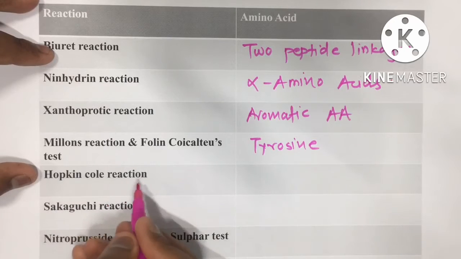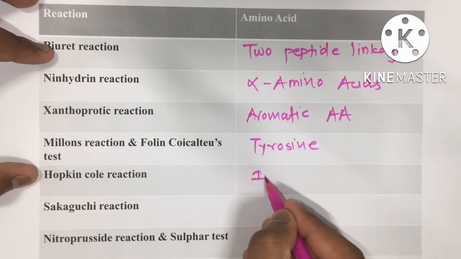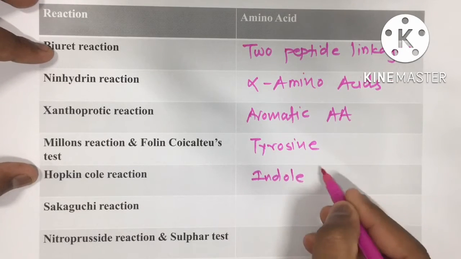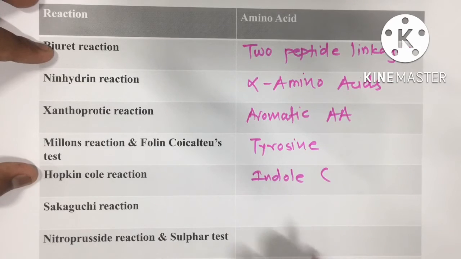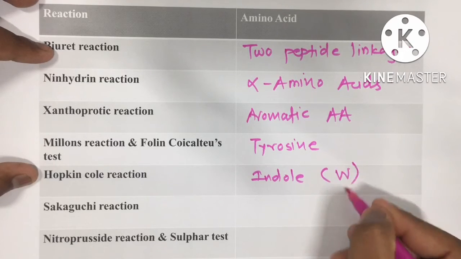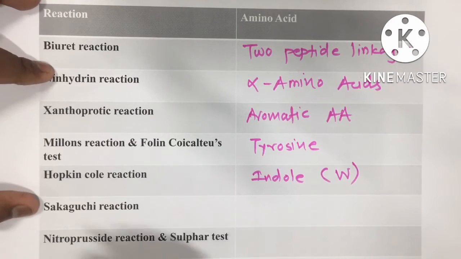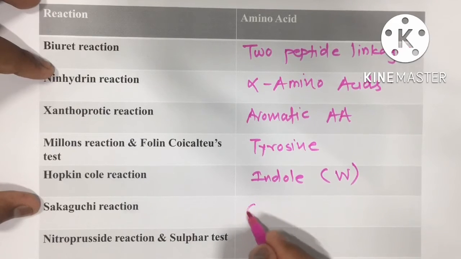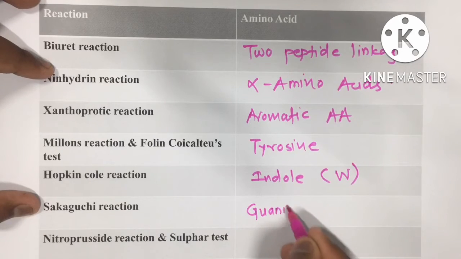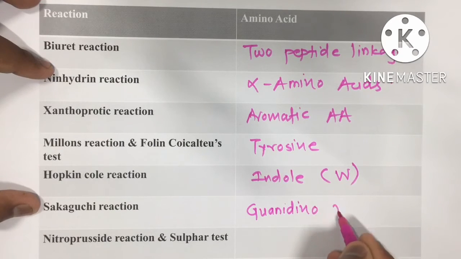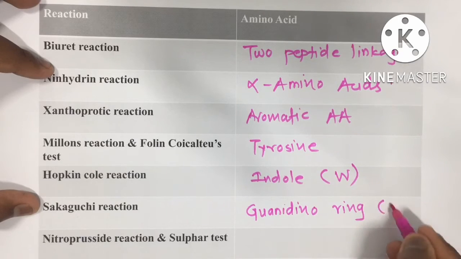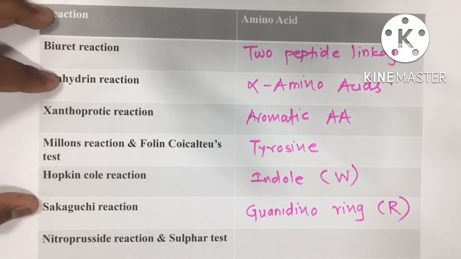Hopkins-Cole reaction is mainly for the indole moiety, and the amino acid having the indole moiety is tryptophan. Sakaguchi reaction is mainly for the guanidino group, and the amino acid having the guanidino group is arginine.